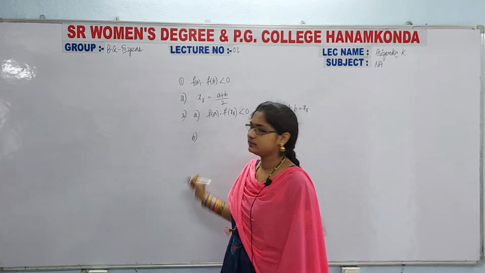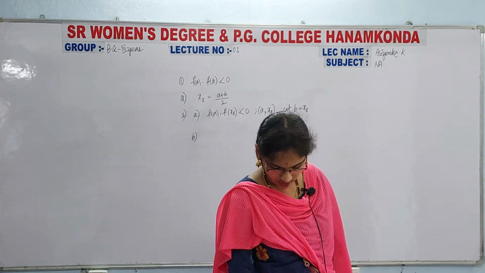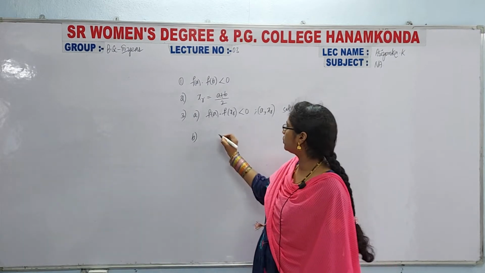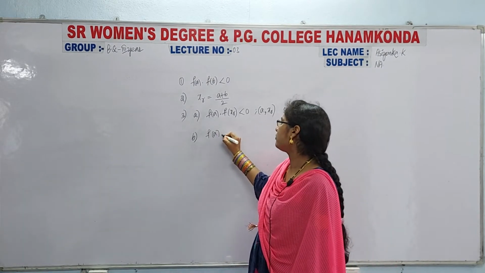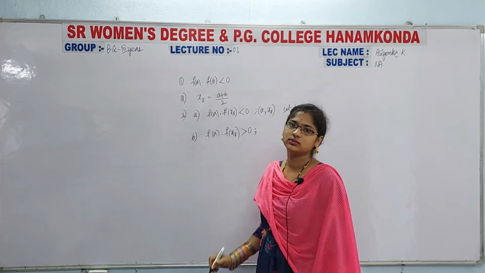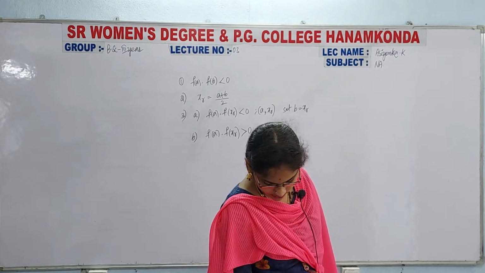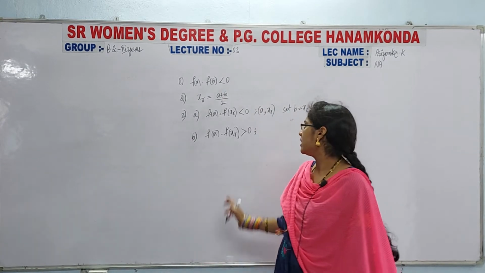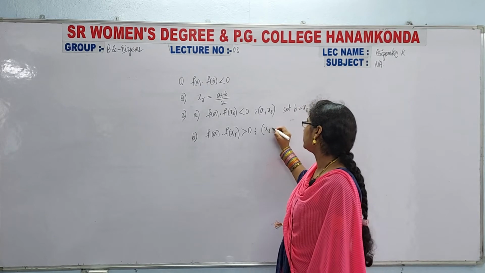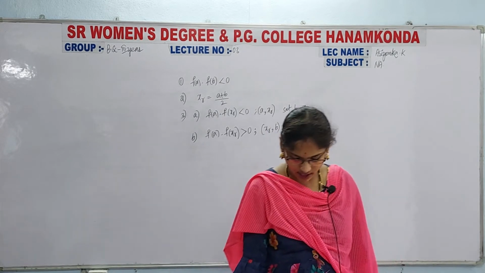Next, b1: if f of a into f of xr is greater than 0, then the root lies in the interval xr comma b.